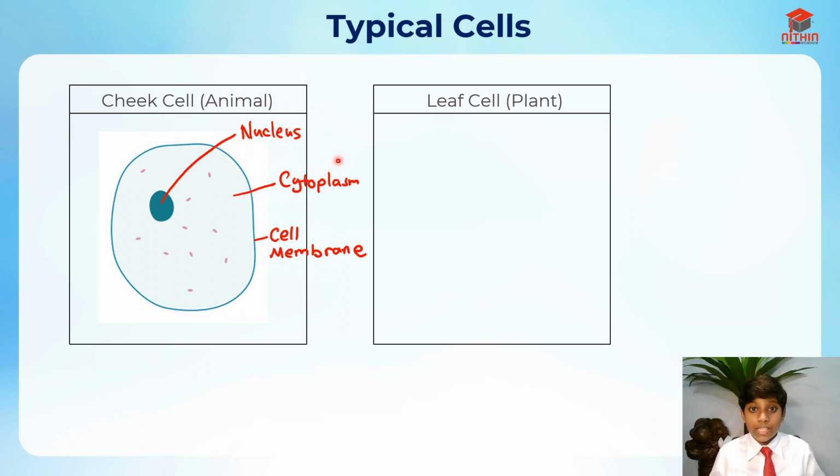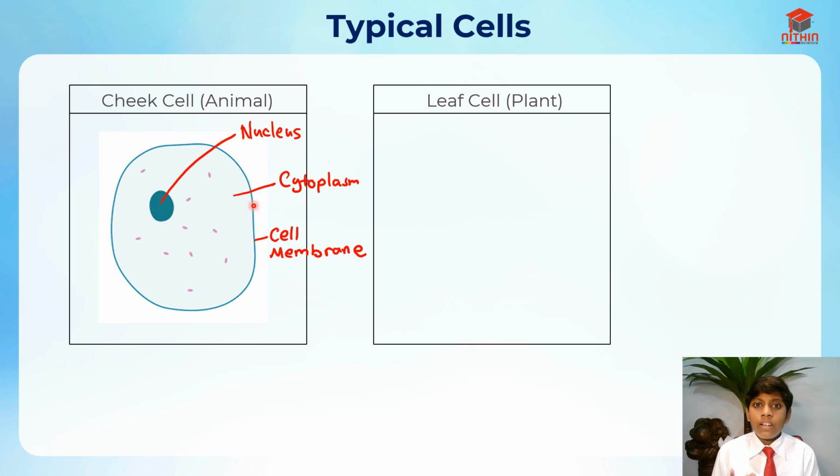Now let's move on to the cytoplasm. Since the nucleus controls all the activities in the cell, there's got to be a place where all these activities take place. That place is the cytoplasm. So the cytoplasm is where all the cell activities take place.